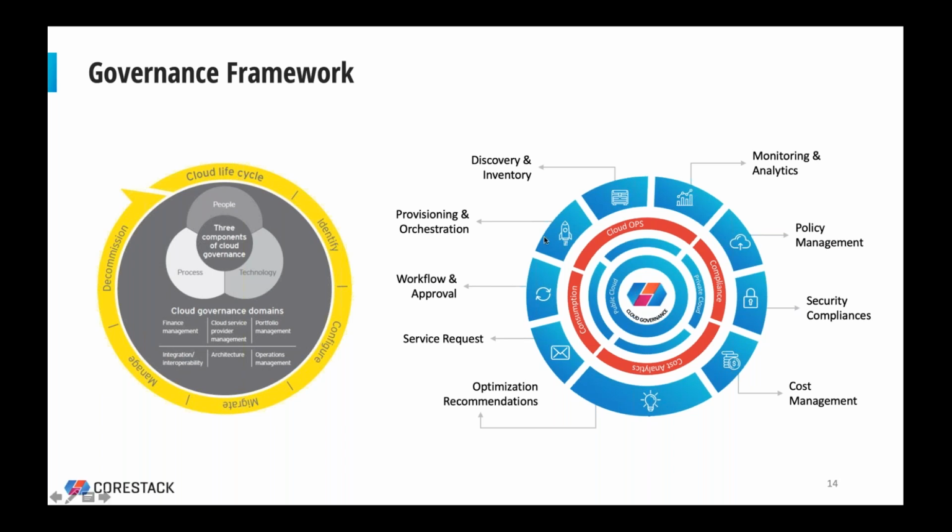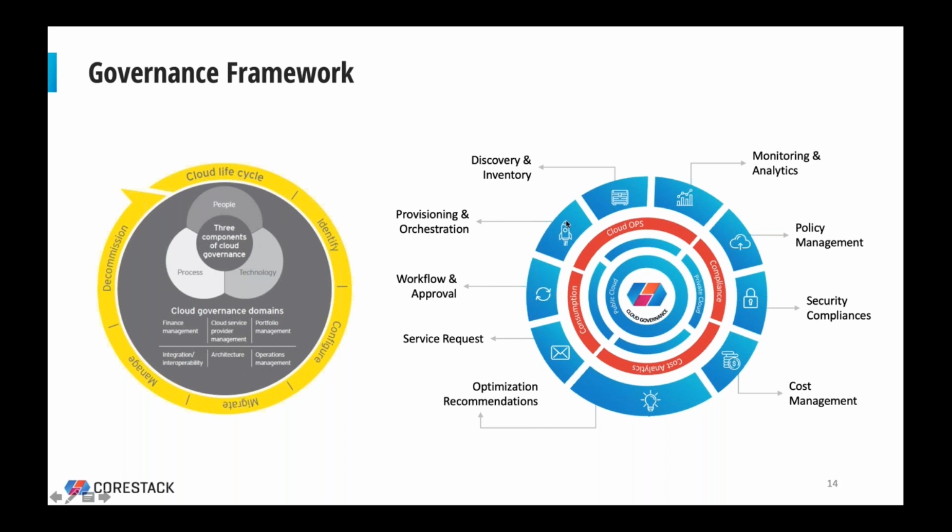So when you look at that from a tooling standpoint, Gartner, in their latest release of cloud management and governance, defined all of these functions, services, and tooling as requirements in order to have a good governance practice. So what we've done at CoreStack is to simplify this process.